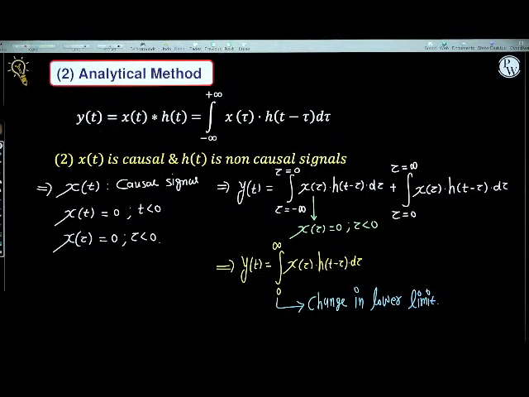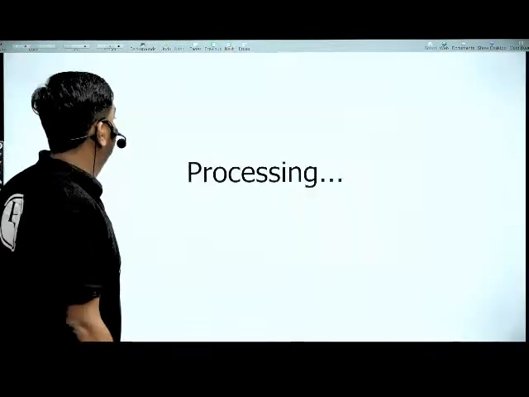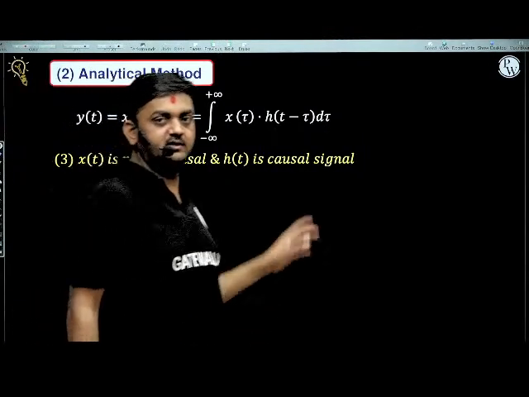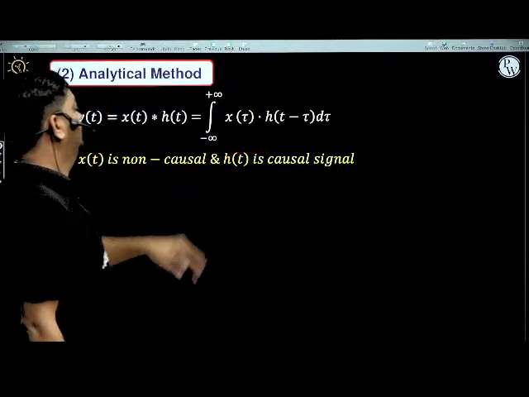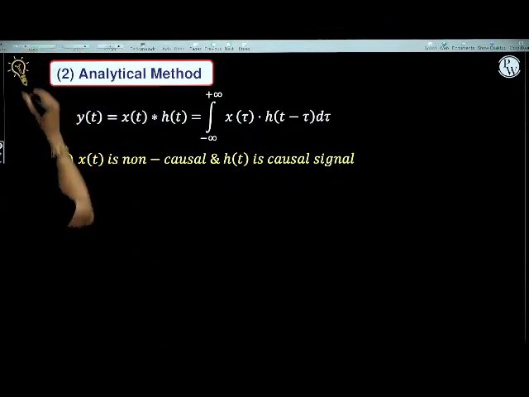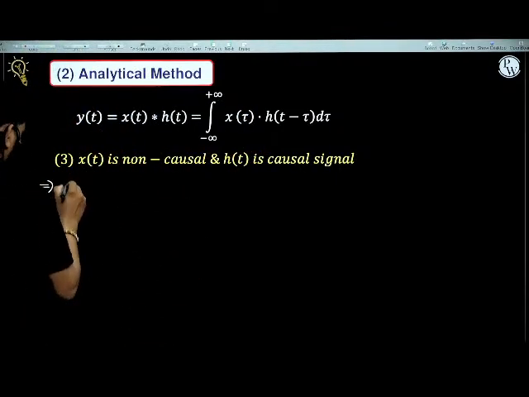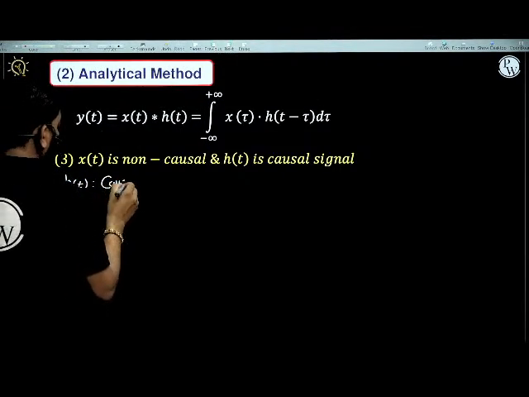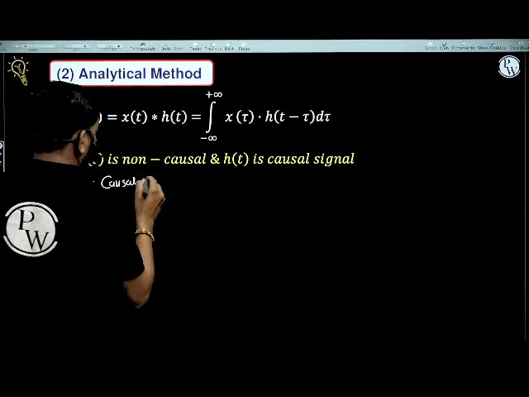Okay. Now suppose x of t is non-causal and h of t is causal. In this equation, h of t is a causal signal.